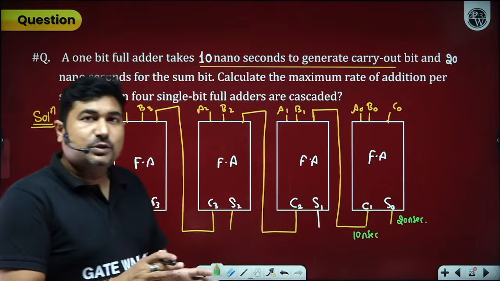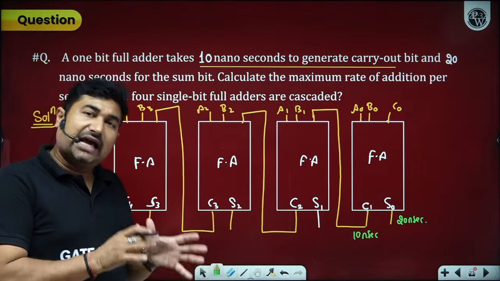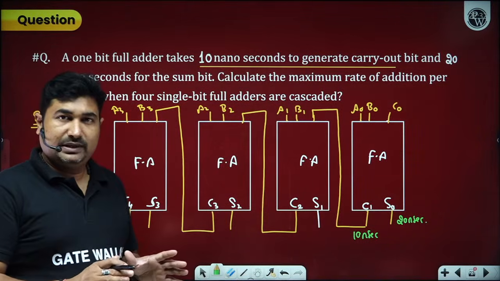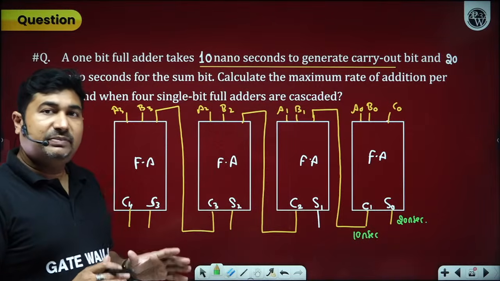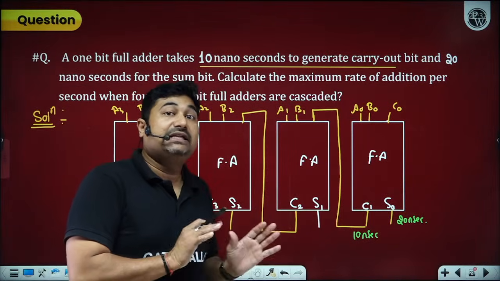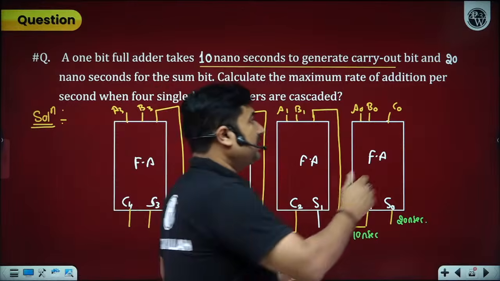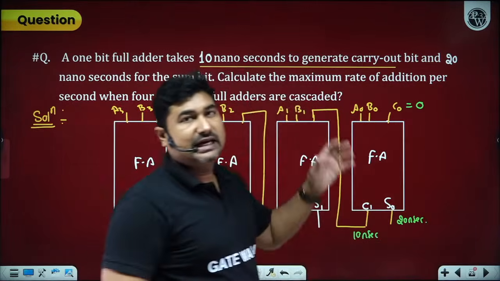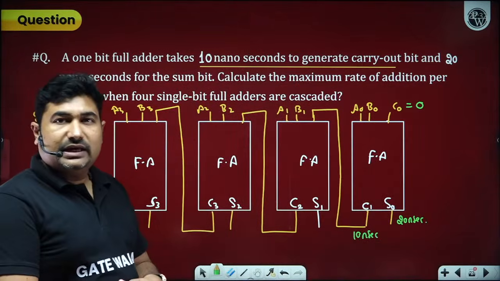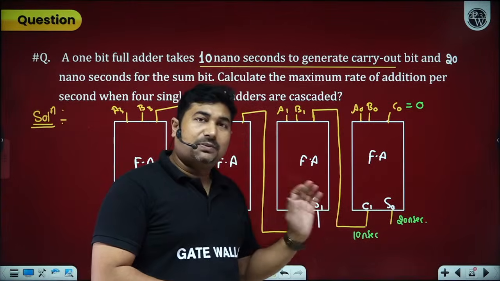We have A0, B0, A1, B1, A2, B2, A3, B3. But the addition of A1, B1 will be valid only when C1 is present. With the initial carry, we can assume 0 because the initial carry is not given. Is it okay? Yes, sir. Now please observe here.